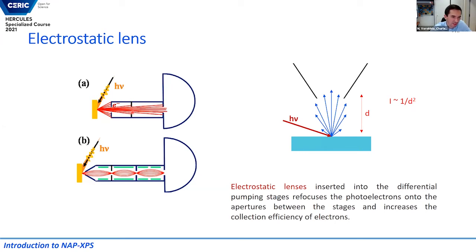So this is a quadratic law. Then, usually people use special electrostatic lenses, which try to keep the electrons as one beam and transmit them to the analyzer. So it is a very important parameter.